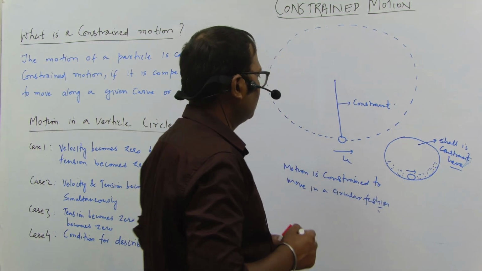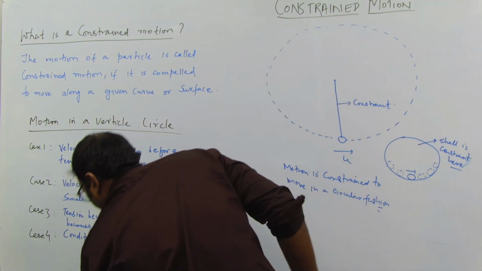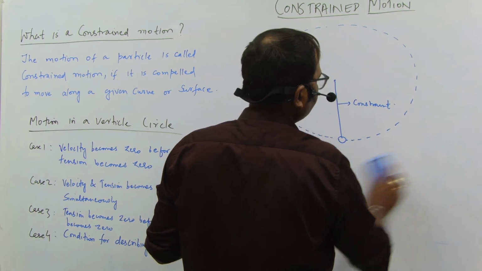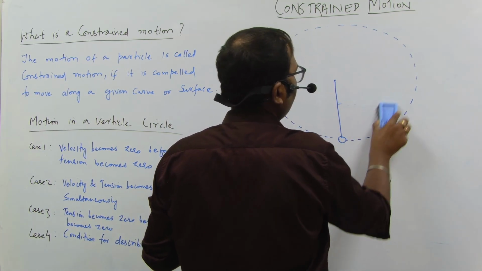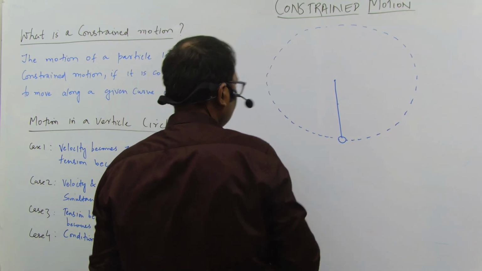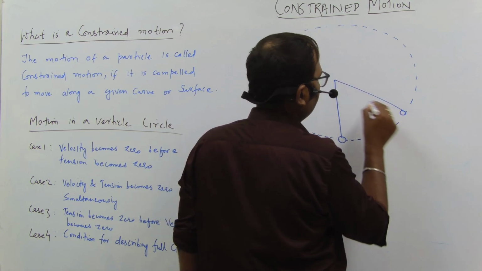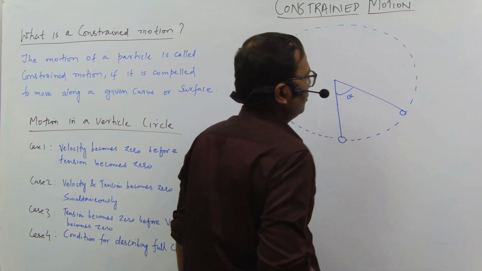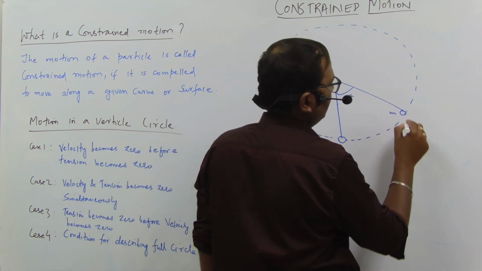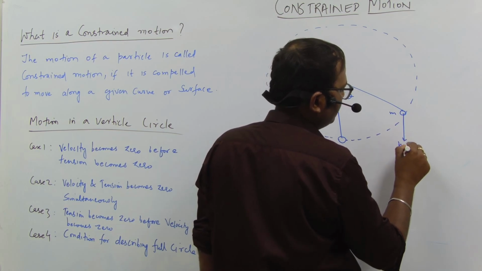Let us analyze the forces that are acting on this ball that is tied to a string. Let us take a particular case where the ball is at an angle of theta. Let us consider the mass of this ball as m. So we have the downward weight of this ball, that is mg.